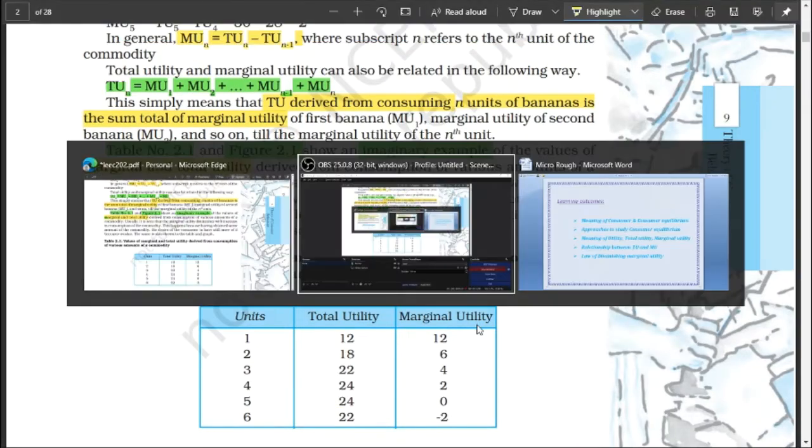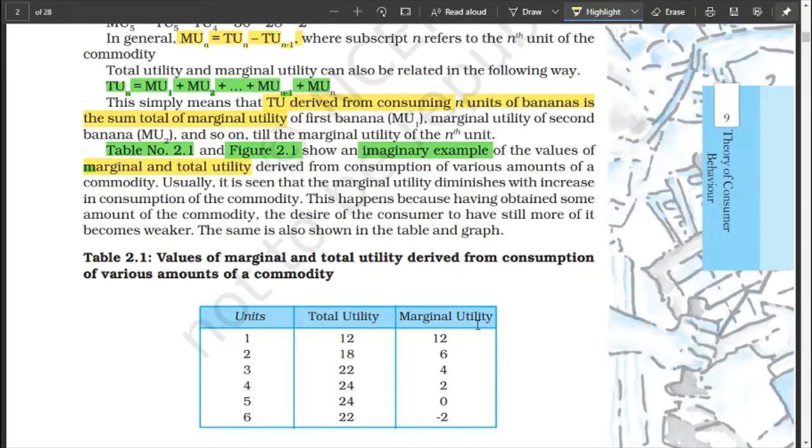For example, suppose we consume 1, 2, 3, 4, 5 successively, a different slice of bread. By total utility, we mean that if we consume one slice of bread, I get satisfaction. And Marshall said, let's give a number. I say 12.